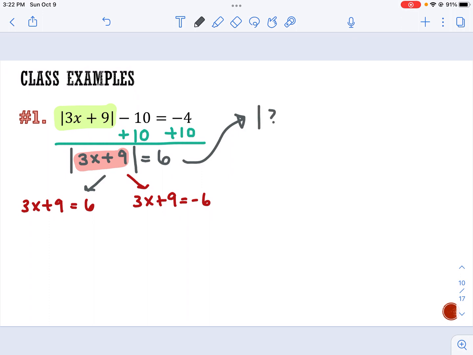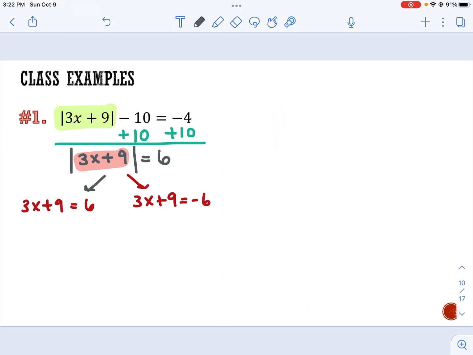But I'm saying the absolute value of something is equal to 6. That's possible, right? I can have a distance away from 0 of 6. So that question mark right here, that value inside, needs to be 6, or it has to be -6. And that's what we're doing over here. That expression inside my absolute value signs needs to be equal to 6 or -6.